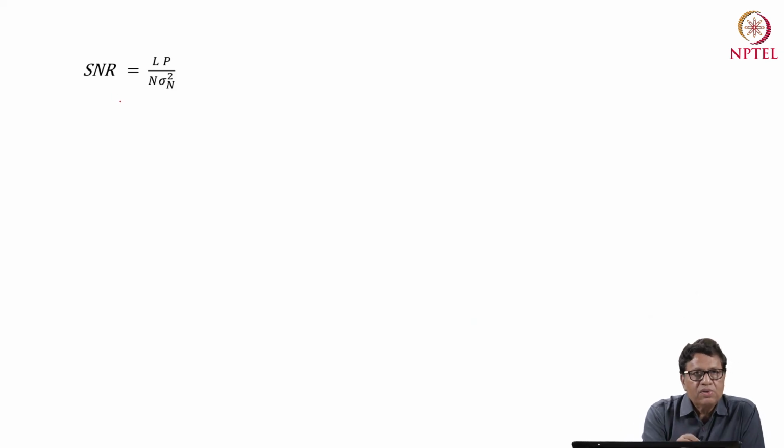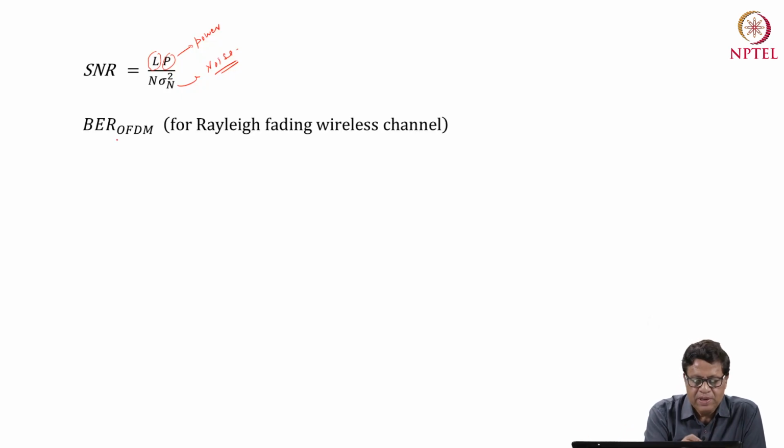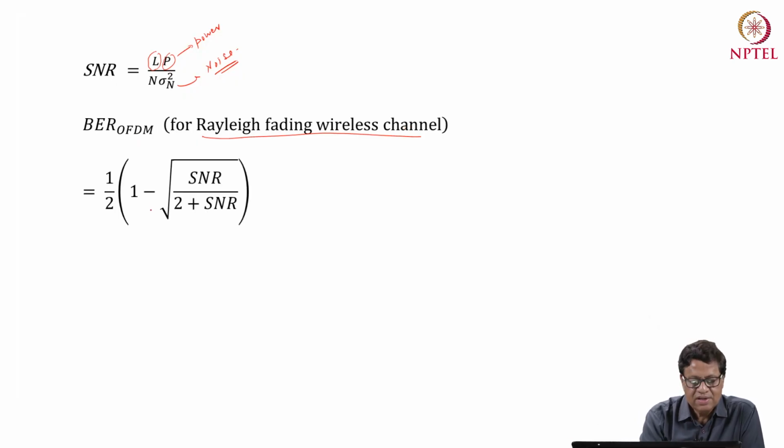So for the total signal to noise ratio, this is the Hk component, L, and this is the power. This is the power, and the noise was actually N sigma n square. This was the noise. So total noise is N sigma n square, and the total signal power is L times P. And the BER of OFDM from any standard textbook, if you assume a Rayleigh fading wireless channel, BER for OFDM is given by half (1 minus root of SNR divided by 2 plus SNR).